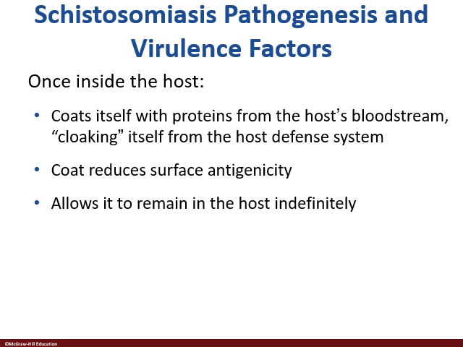Eosinophils will not try to kill it, macrophages won't try to kill it, and B cells won't recognize it. So this way, the fluke can remain in a host, in the patient, for months, years, pretty much almost indefinitely.